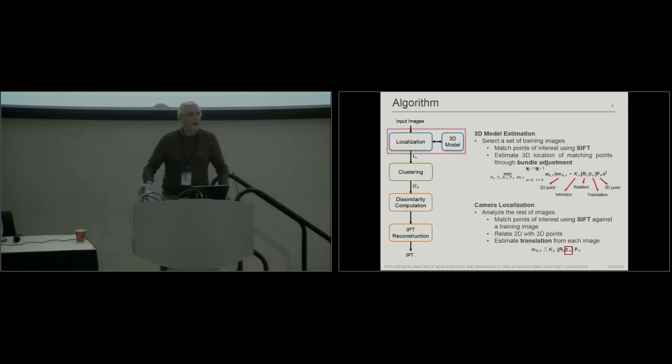The idea of estimating which images are taken from the same viewpoint is based on the creation of a 3D model of the scene, and then the mapping of each image onto this 3D model in order to see which images can be considered acquired from the same viewpoint. In some situations, a 3D model may already exist, and obviously in this case it can be used.